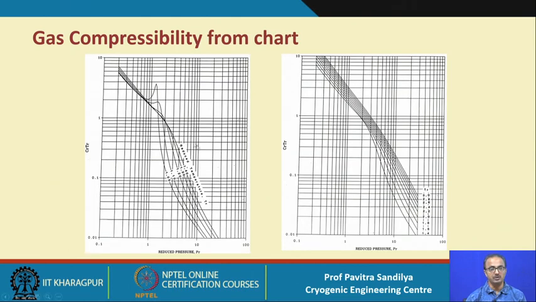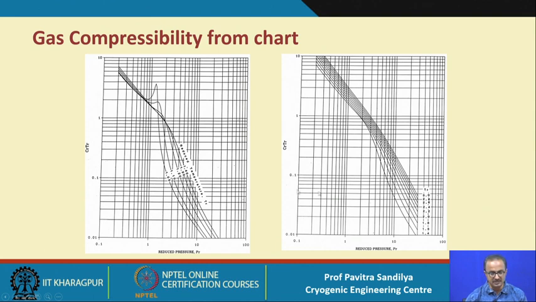And here we show the chart for Cr times Tr. These charts are nothing but showing the reduced compressibility, from which we can find out the actual compressibility. The x-axis represents reduced pressure, whereas the various curves are made for the reduced temperature.